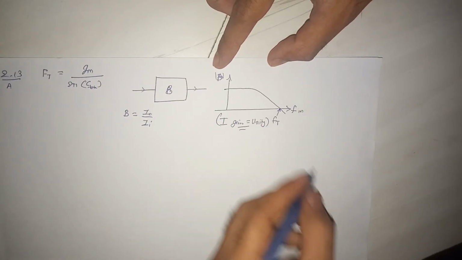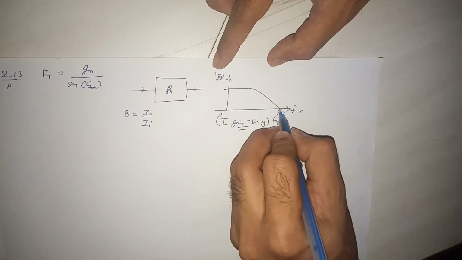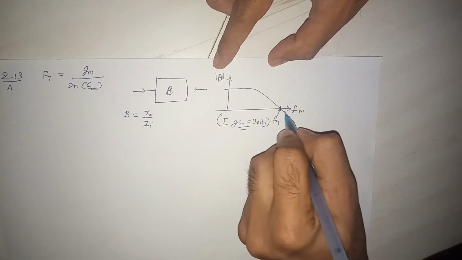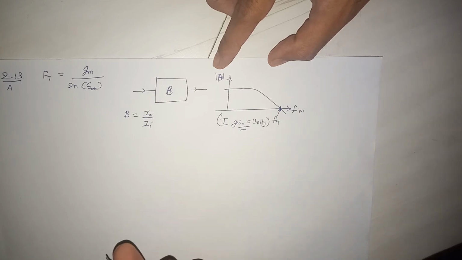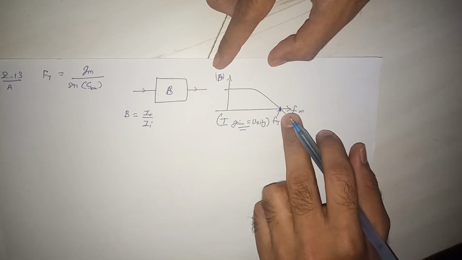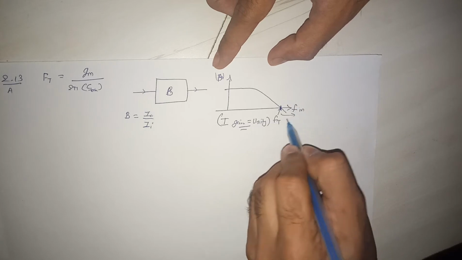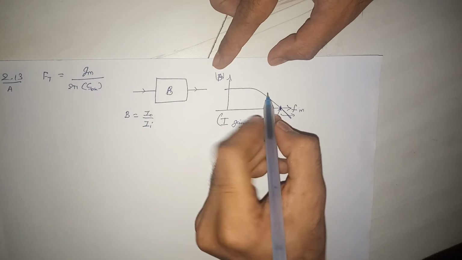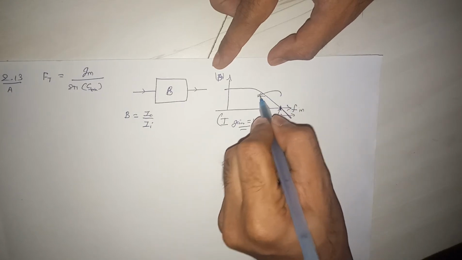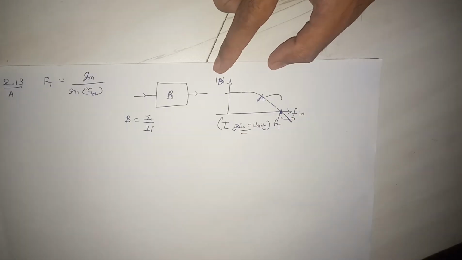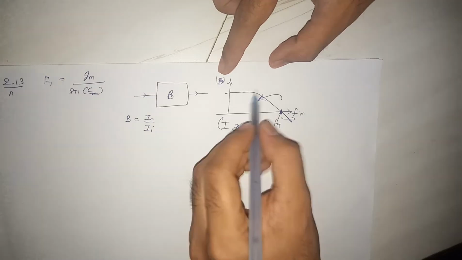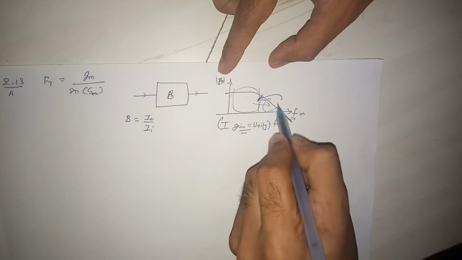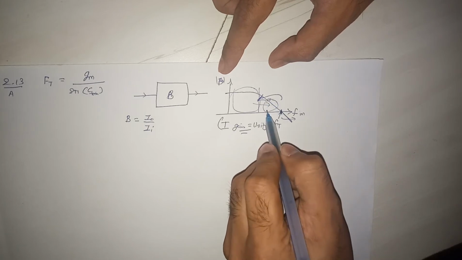So what that means is, beyond that frequency, your amplifier will be no longer an amplifier. You will not be able to get any gain out of it, because it is attenuation as such. So we can go for designing our RF amplifier, or let's say high frequency amplifier, somewhere here, not here. Here also it is not recommended to design.